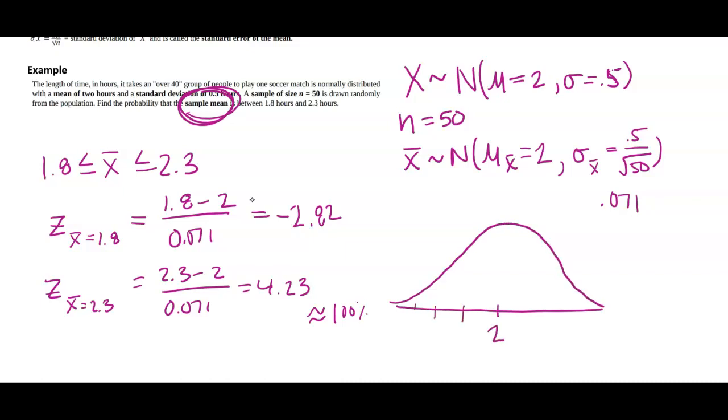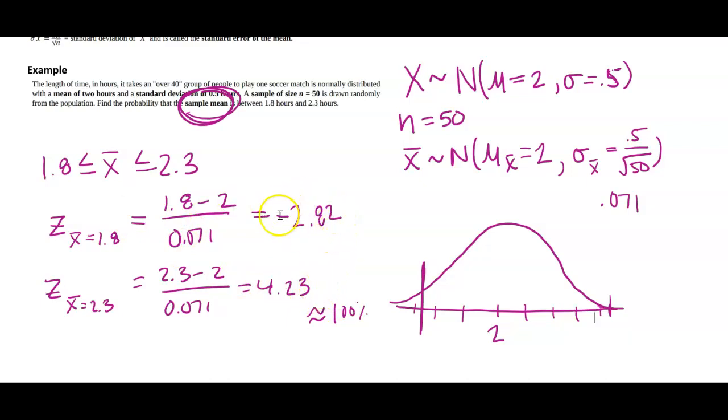So a sample mean of 1.8 is almost 3 standard deviations below the mean. A mean of 2.3 is 4.23 standard deviations above the mean.